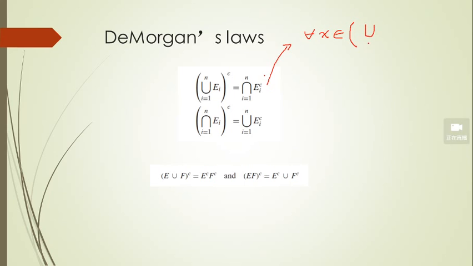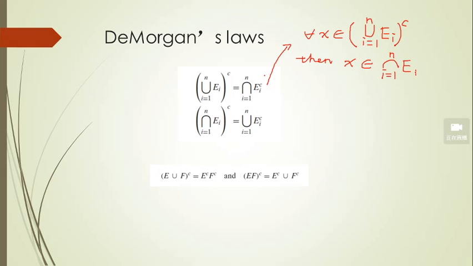Here we know x means the outcomes; the elements in this subset are the outcomes, but in set theory we usually use x. We choose any element x from the left side, then we prove that this x belongs to the right side.